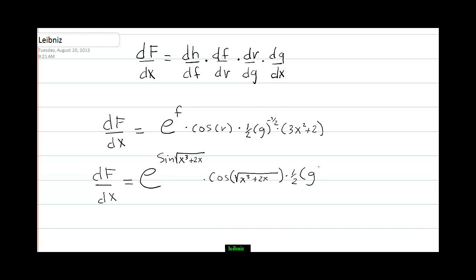And once again, I will let any further simplification be left to the observer. So times the quantity 3x squared plus 2.